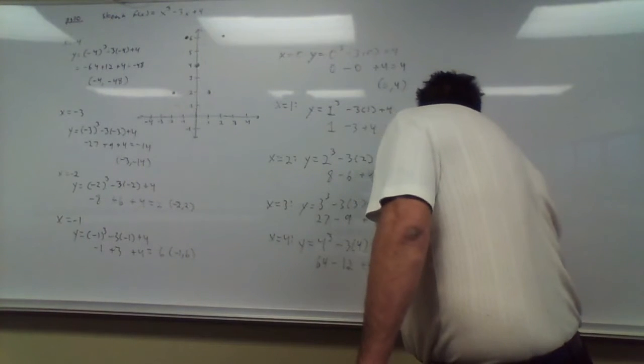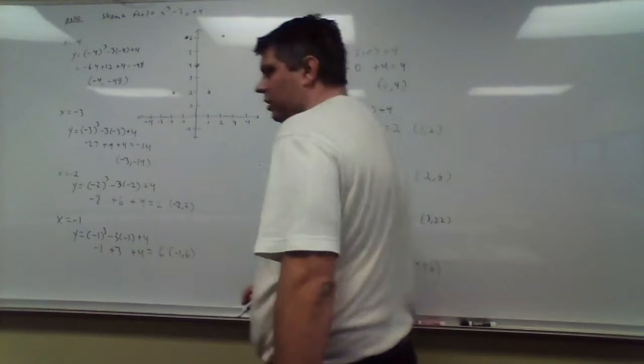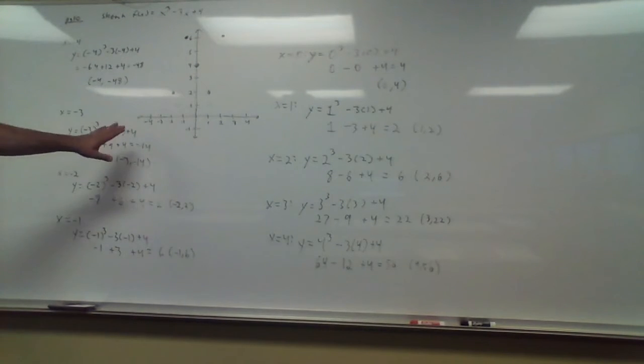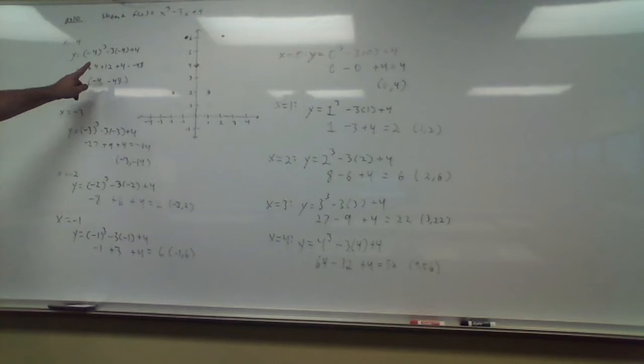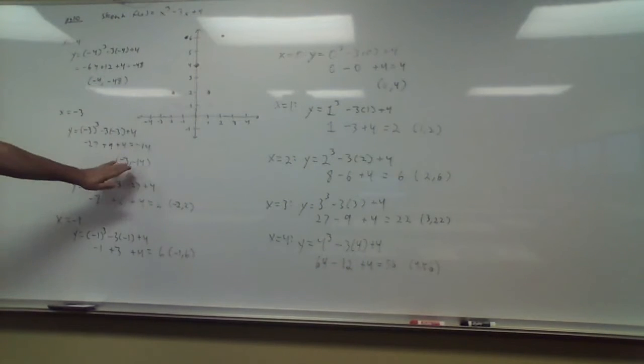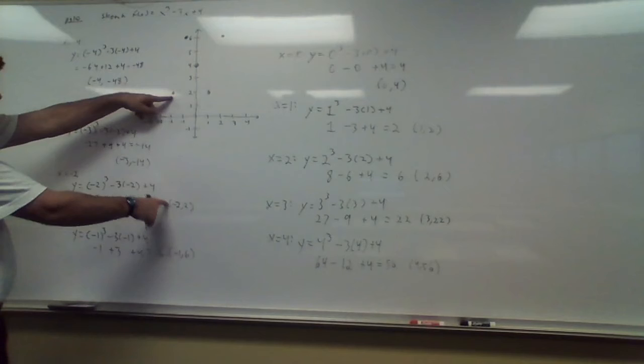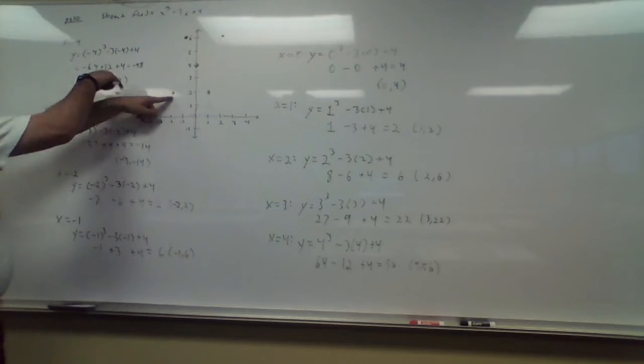So that'd be 4, 56, which doesn't come anywhere close to fitting in the grid. So we're going to draw a curve that hits all these points. We didn't have anything for these values. This is the first one we had, negative 2, 2, but all the other ones previously were far lower.